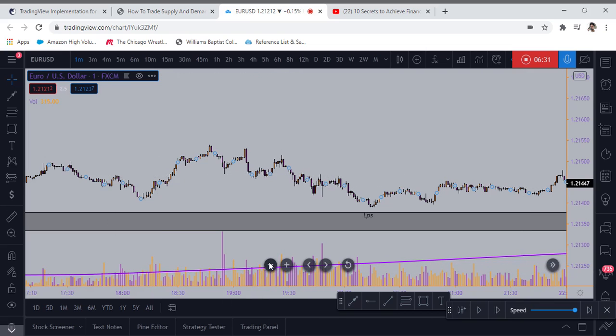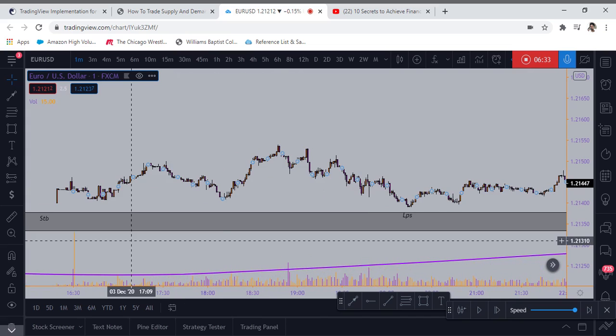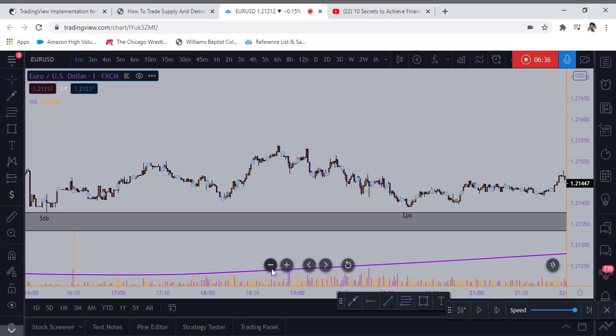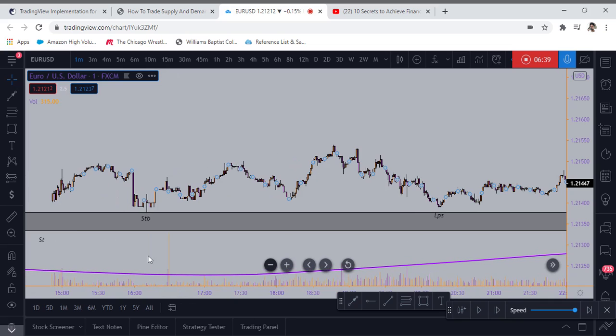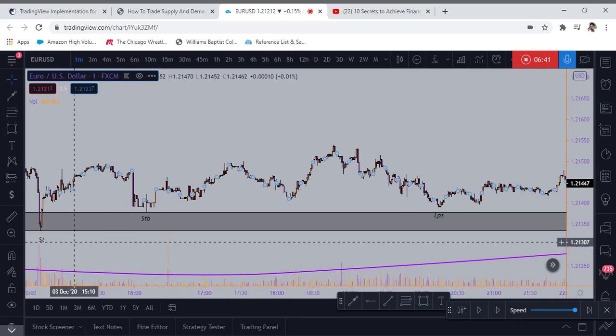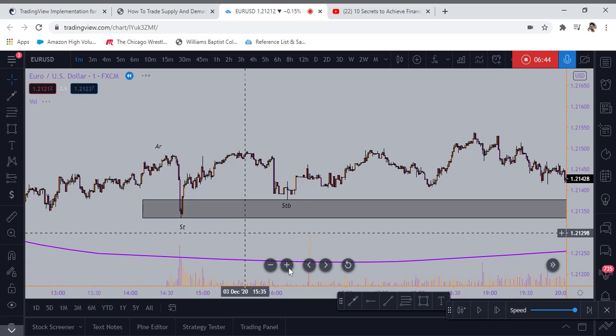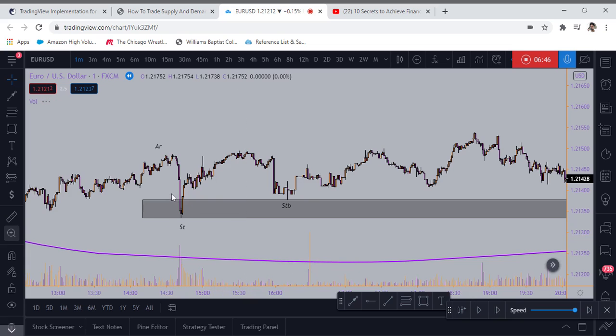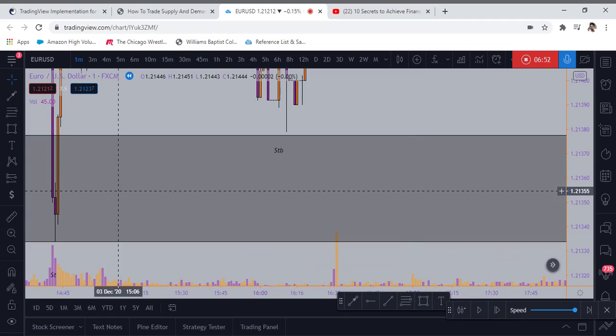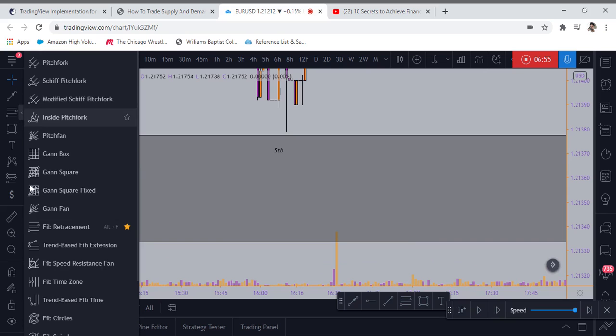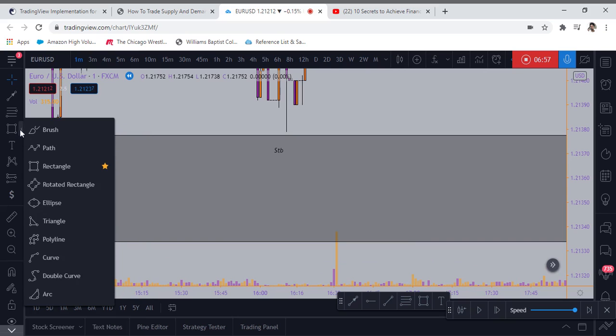Sheesh. Let me zoom out. So we're gonna see what we got here. Fair value gap. The only way I would have caught an entry out of that was if it would have come to the 50%.